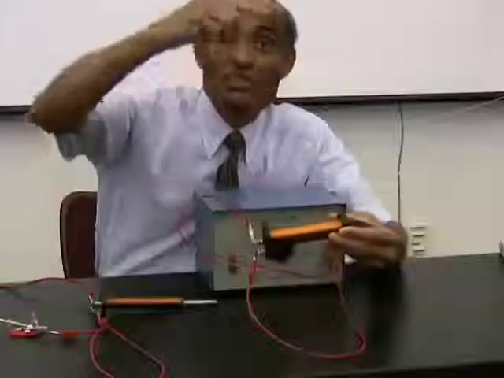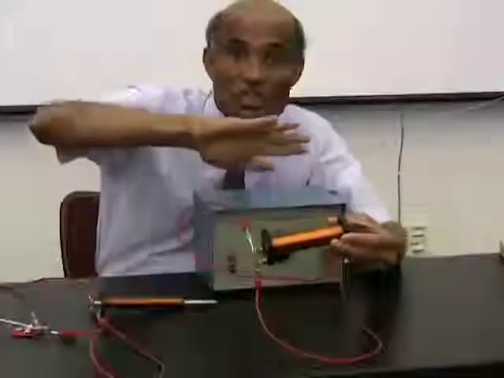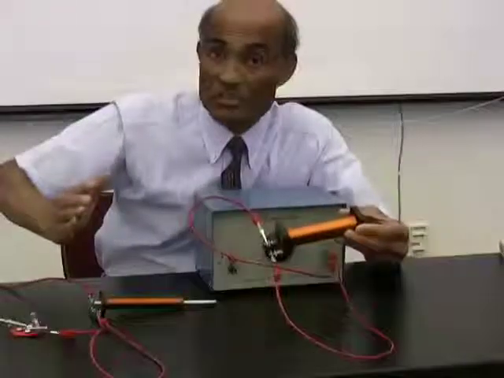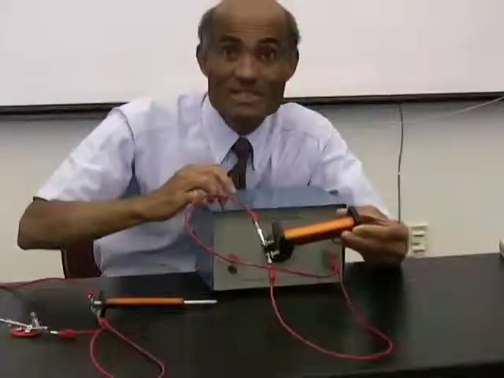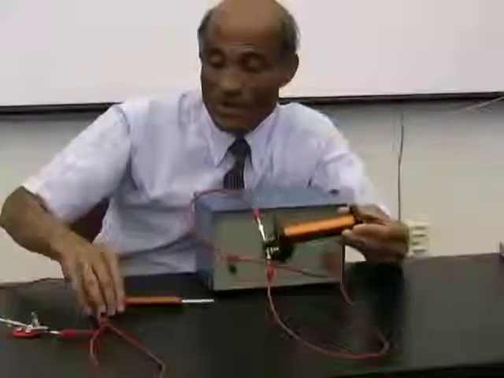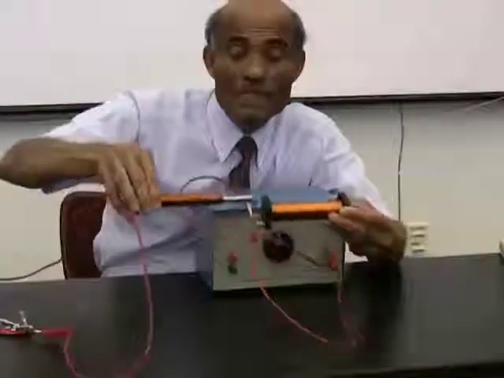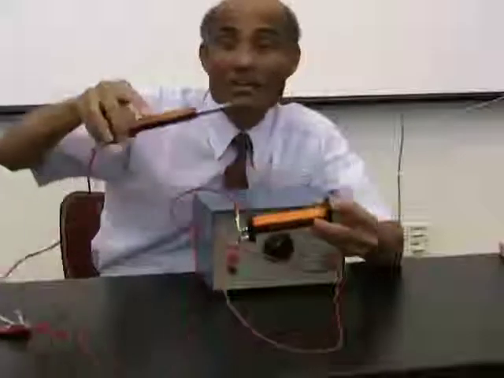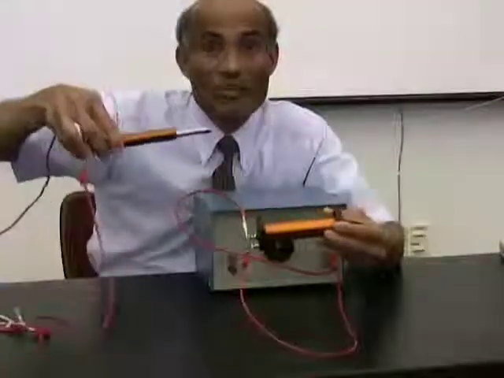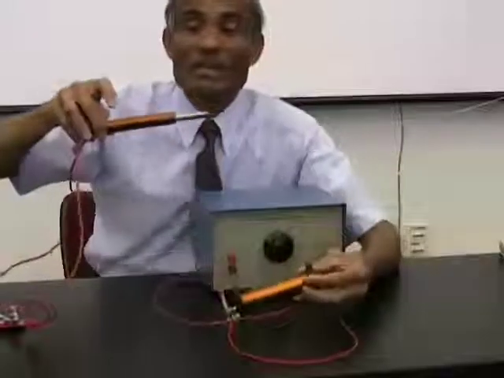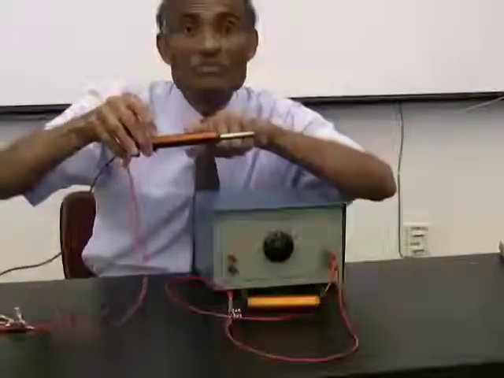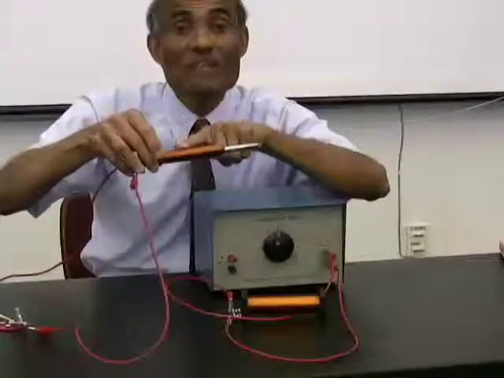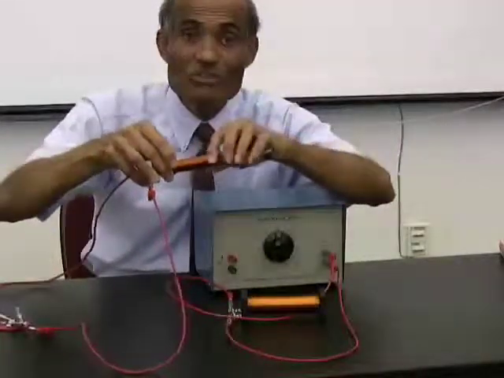Remember, an AC is continuously changing. It is growing, decaying at a tremendous rate, about 60 times a second. Now, if I have another coil inside the first coil, and we use an iron core to magnify the magnetic field, then the magnetic flux linked with this will be continuously changing, and we would expect an EMF and hence a current to be induced in here.